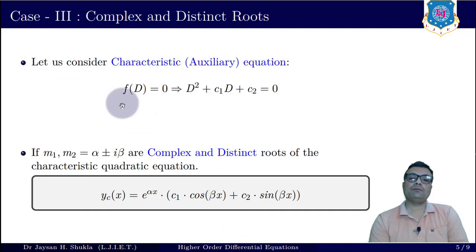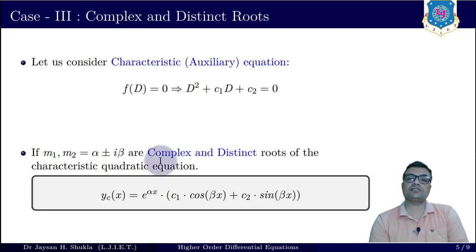Suppose we have this auxiliary equation f of D equals 0, and equating it to 0 gives me complex roots. Now we know that complex roots are always in a pair of the form alpha plus or minus i beta. In this case, there is a particular role of beta also.